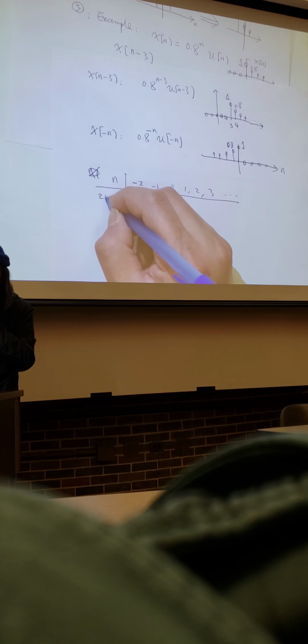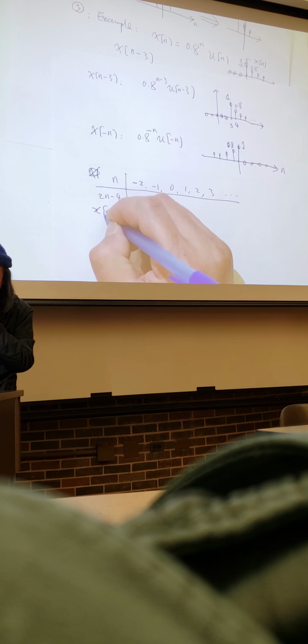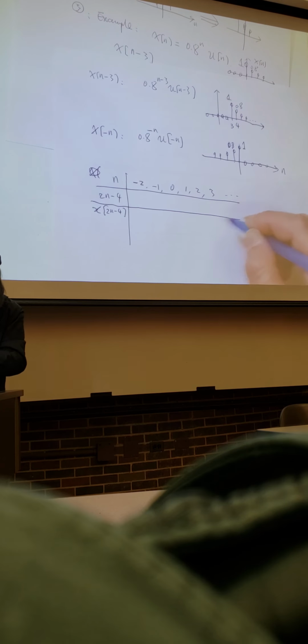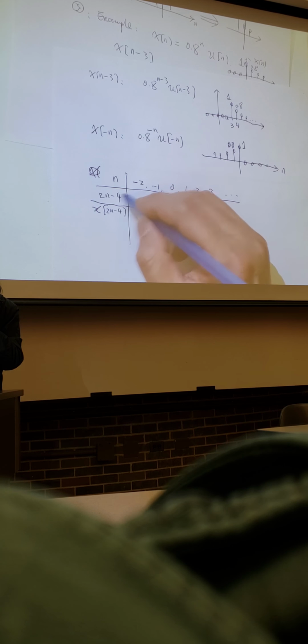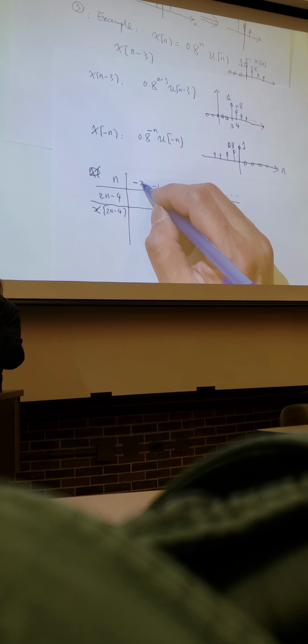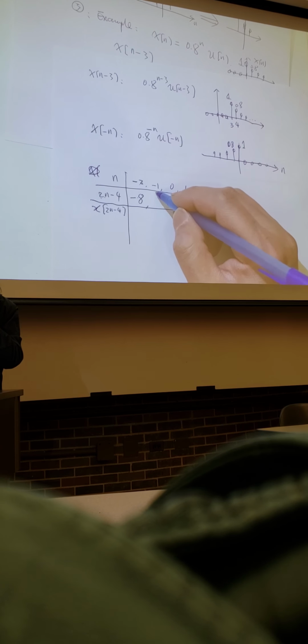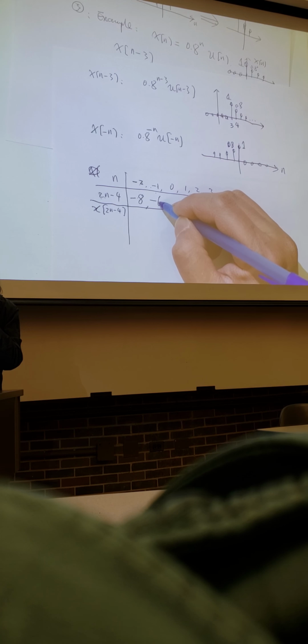For n equal to negative 2, 2 times negative 2 is negative 4, minus 4 is negative 8. For negative 1, 2 times negative 1 is negative 2, minus 4 is negative 6.